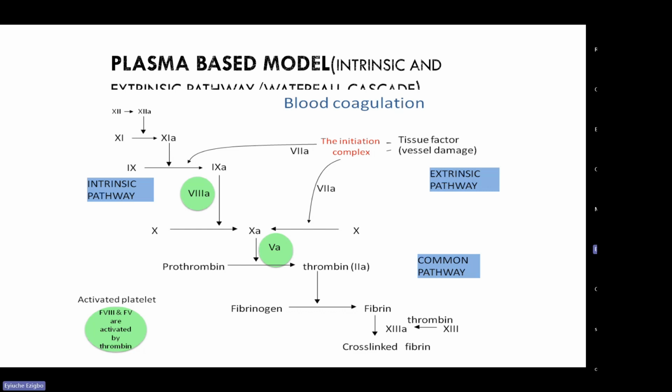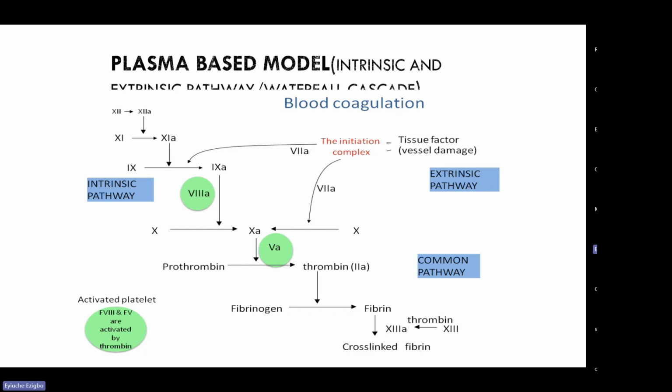So using the extrinsic pathway to describe this plasma-based model, remember I told you the plasma-based model was explained as a cascade, in the sense that as an enzyme is activated, it activates the other one. And there are two pathways involved in this activation, the intrinsic and the extrinsic pathway.